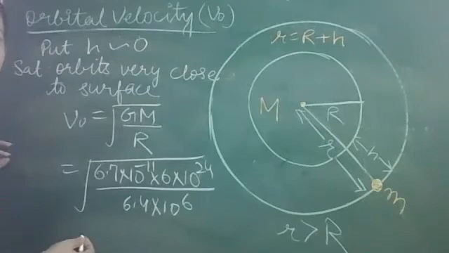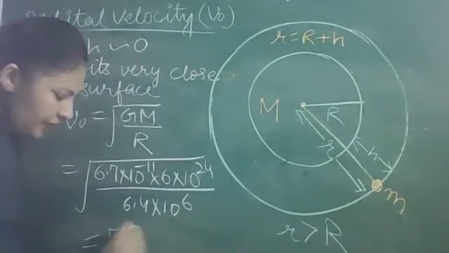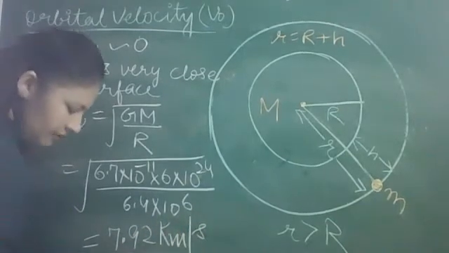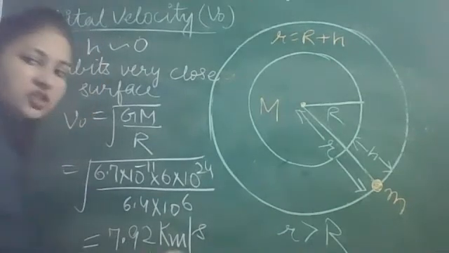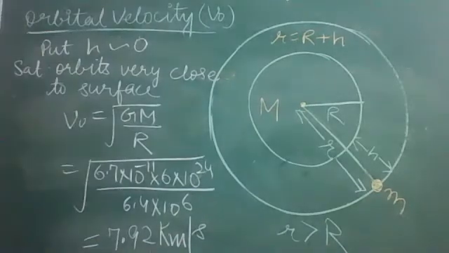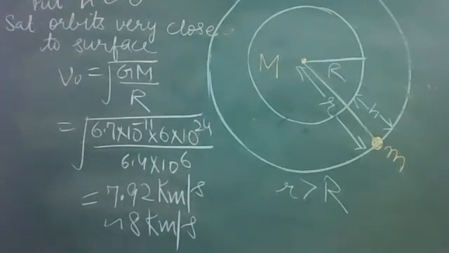All right. So it comes out to be 7.92 kilometer per second, and we can say roughly it is 8 kilometer per second, much smaller than escape velocity for Earth. So the orbital velocity to launch a satellite from the surface of Earth is about 8 kilometer per second.